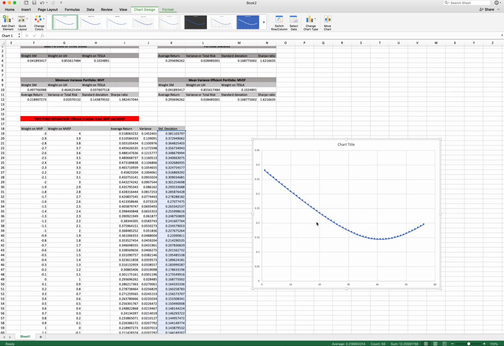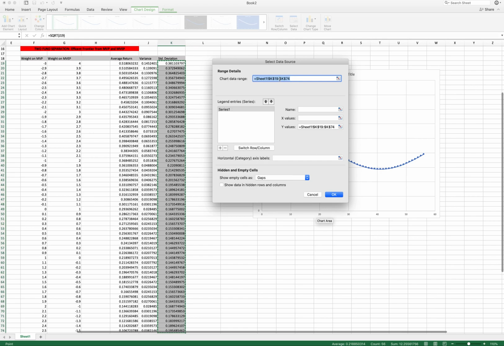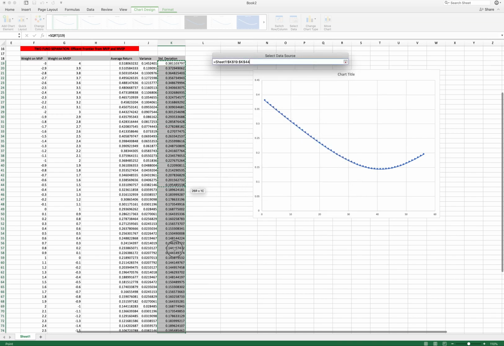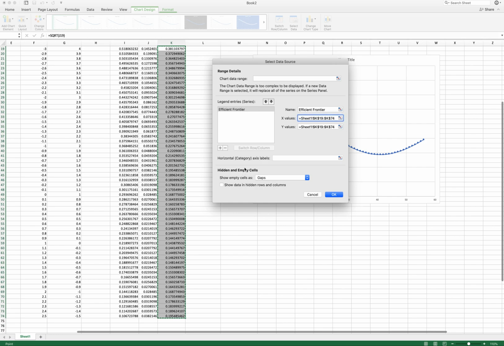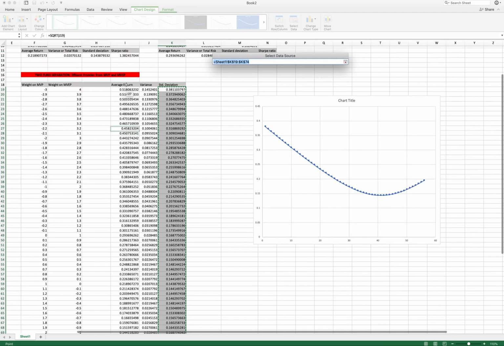Okay, so let me select data here. I'm just going to erase this. Series 1, that's efficient frontier. X values are what? Well, X are standard deviation, as we said. Okay. And Y values, on the other hand, are average returns.